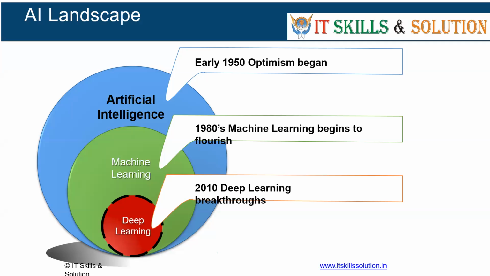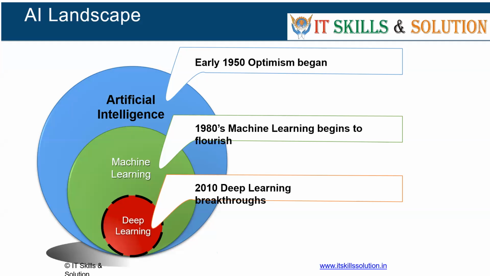In 2010, people usually called it modern machine learning, which is what you now call deep learning. At that time it was usually called modern machine learning, and simple machine learning techniques are called classical machine learning. But after 2006, when Geoffrey Hinton gave the idea of neural networks, he invented that name, deep learning.